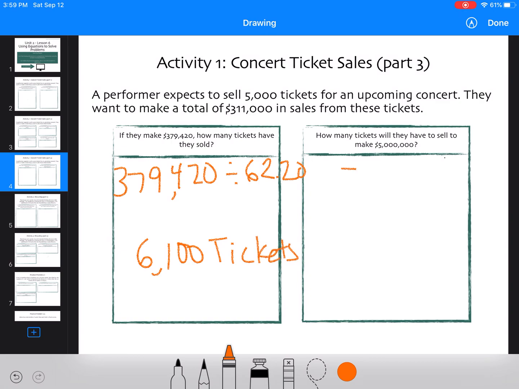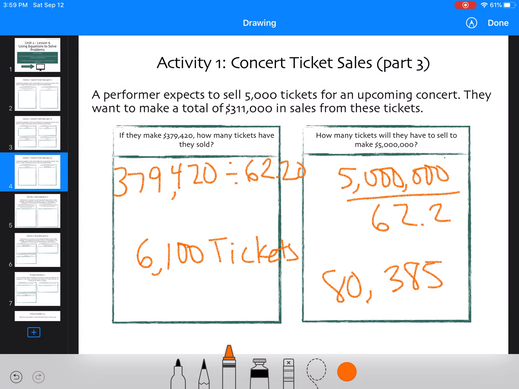What if they make $5 million? Remember, that fraction bar means to divide. So I have to round this number because it's a number of tickets, and I'm actually going to round down.